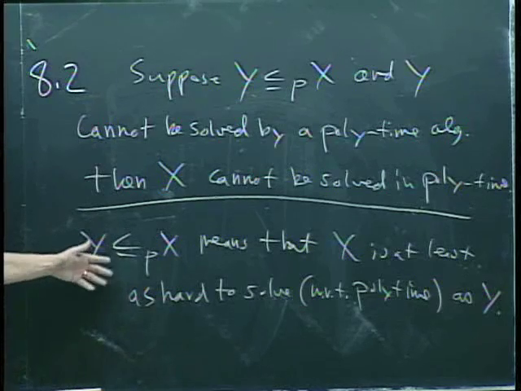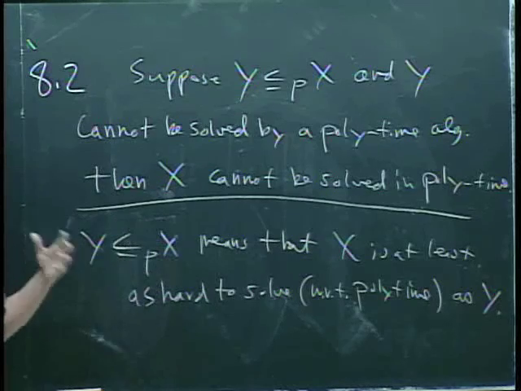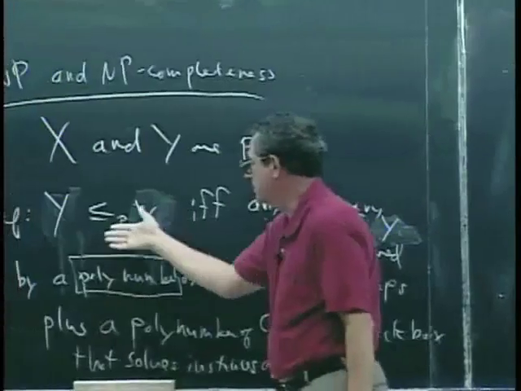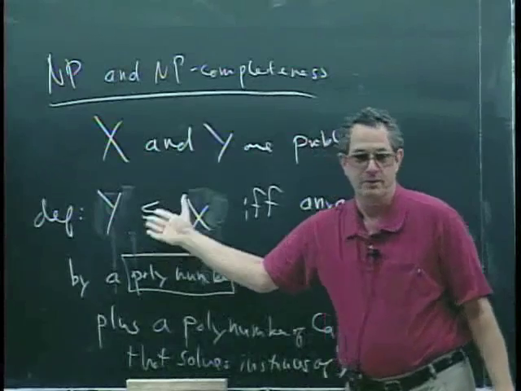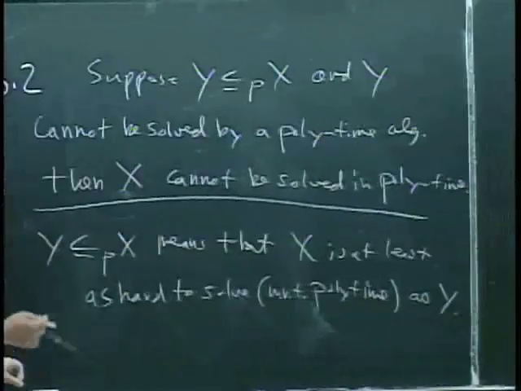And I never am comfortable with this statement here. I always have to stop and parse it. For 37 years, it just has never sunk in to the point where that's natural. This is natural to say, y is reducible to x. Although I would have liked it if they'd put the inequality the other way, but all right, I can live with that. But this one, x is at least as hard to solve as y.